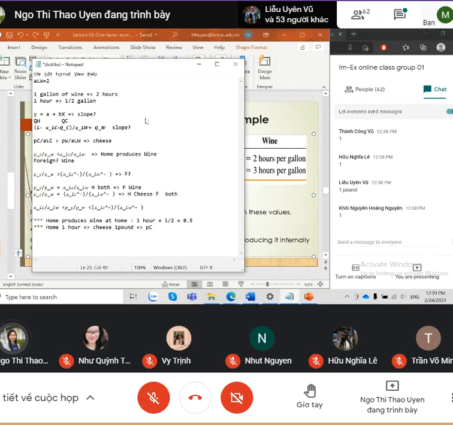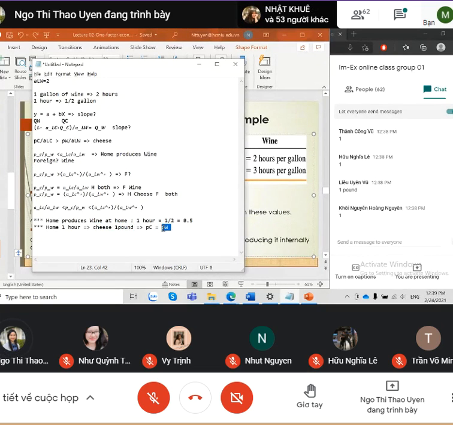But the price of cheese is equal to the price of wine. So it means that they can take 1 pound of cheese to sell for this amount of money.